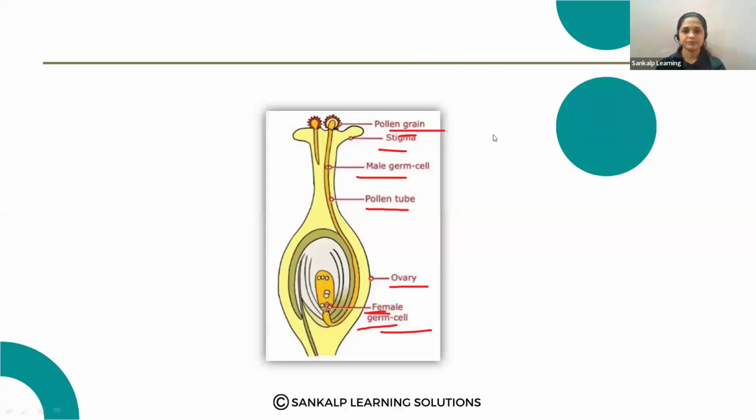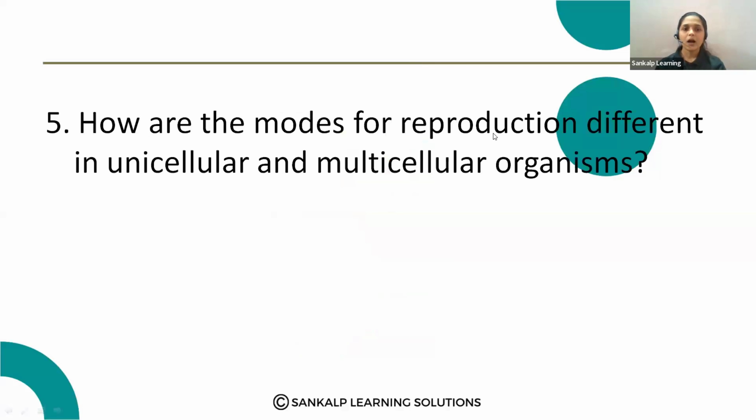Next question. How are the modes of reproduction different in unicellular and multicellular organisms? Modes of reproduction, like sexual reproduction and asexual reproduction. There are different types, right? Unicellular organisms and multicellular organisms, how do they differ?